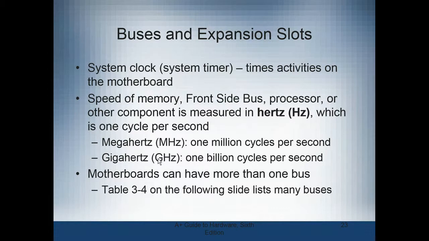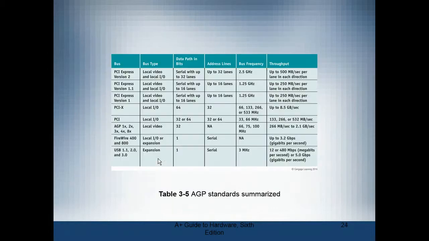You can have more than one bus, and many of them do have more than one bus. The data path, the serial lanes, the bus frequency, and again, this is a chart that's in the book that you can take a look at. This is for the AGP standard, summarized here, each of these things.